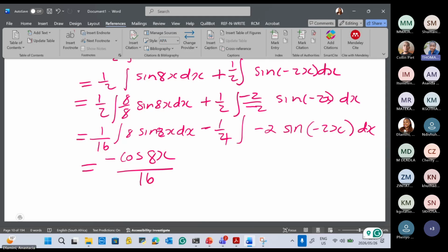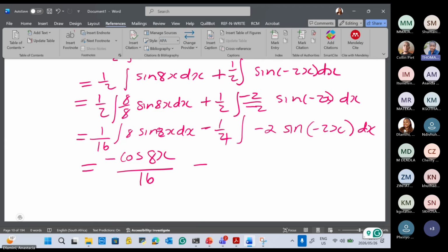Then minus 2, in fact it will be plus cos. Why? Because when we integrate sine, we have the negative already, so it will be positive.